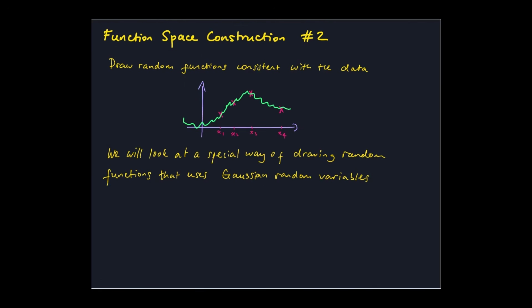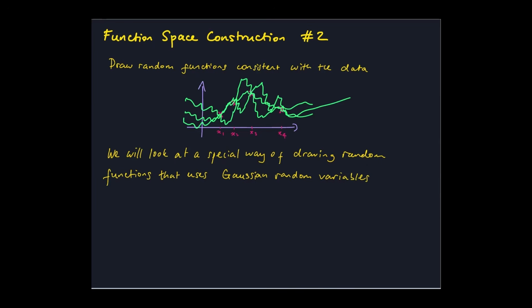You're going to end up with a distribution of functions that actually goes through your training data. If you actually use this method, you wouldn't do that procedure of sampling lots of functions. You would do something called conditioning the distribution of functions on the training data, getting what we call the posterior distribution of functions.